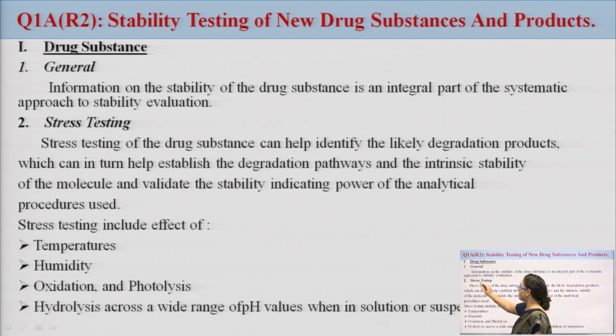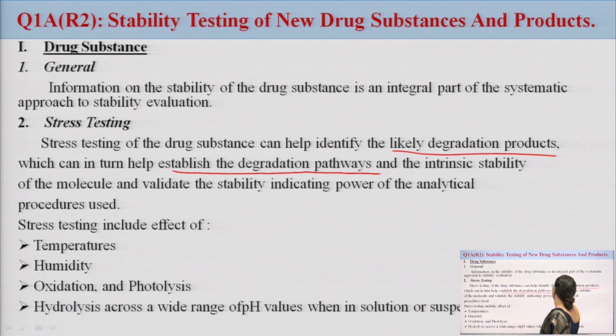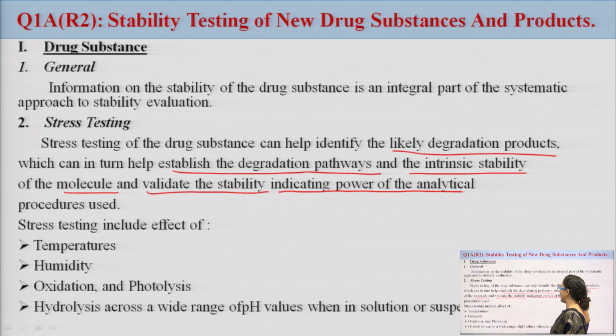So here we will discuss stress testing. Stress testing is generally performed to know the likely degradation products and to establish the degradation pathways and the intrinsic stability of molecule and validate the stability indicating power of the analytical procedure used.